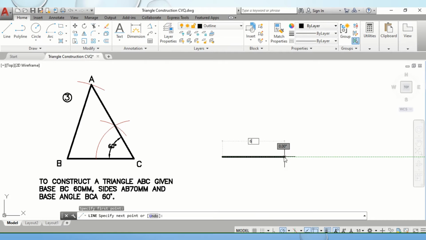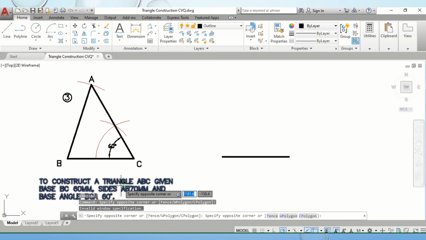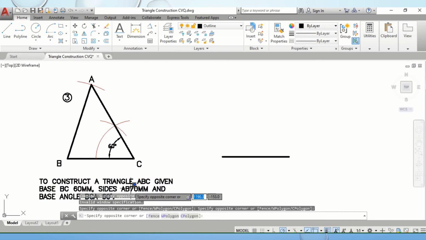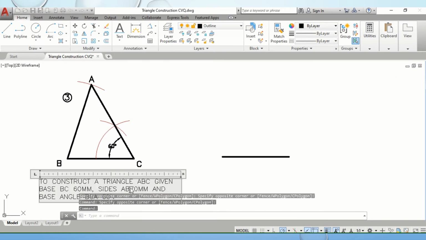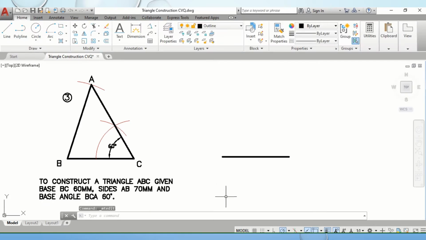That's going to be 60. Now, I'm going to fix this here. There should be a space in between here. So we have AB is 70 millimeters.